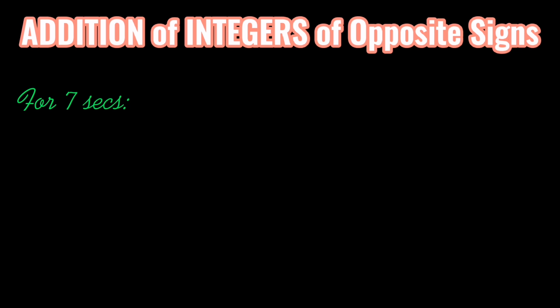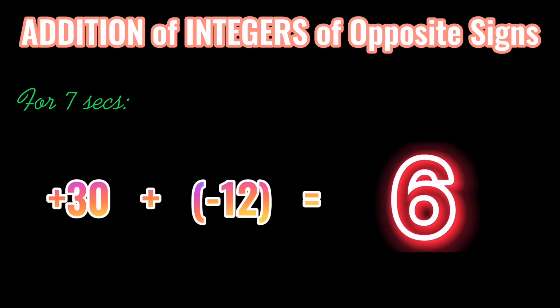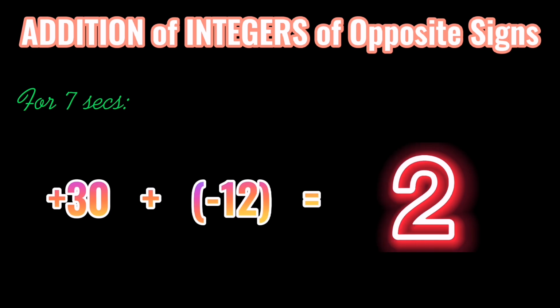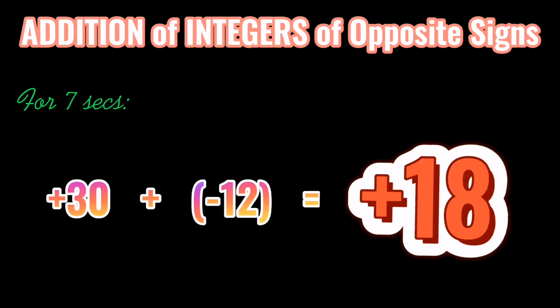Another 7 seconds. Say positive 30 plus negative 12. Okay, time is up. The correct answer is positive 18. That is 30 minus 12 is 18. And since 30 has the higher absolute value, then we affix positive.